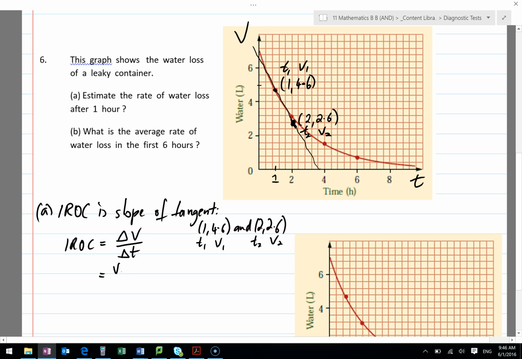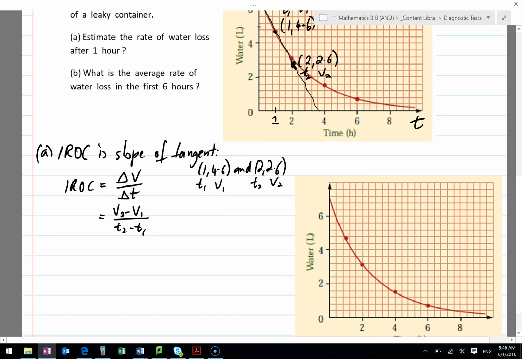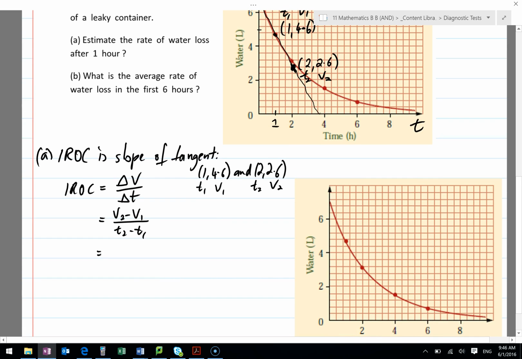From here, I just want to find the changes between these. So it ended up at 2.6, started at 4.6, and ended up at 2 seconds, started at 1 second. The difference between these two, -2 and 1, will be -2.